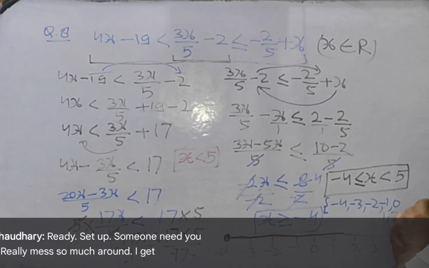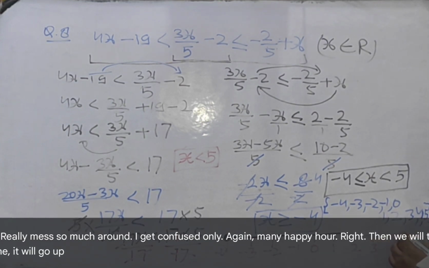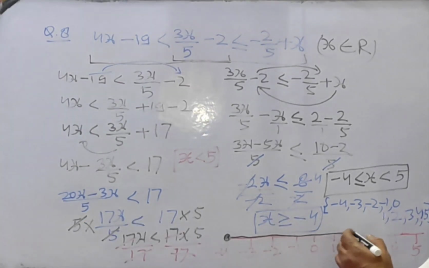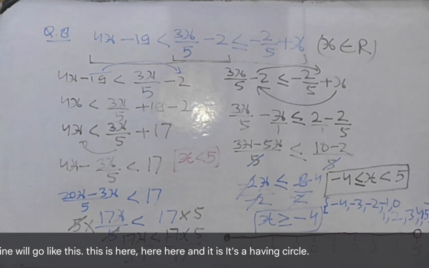If I write 5 here, then on the number line it will go up to 5, and this line will go like this, and here it has a circle like this. I hope you understand.